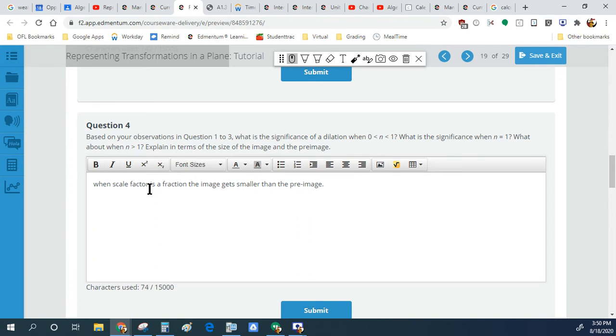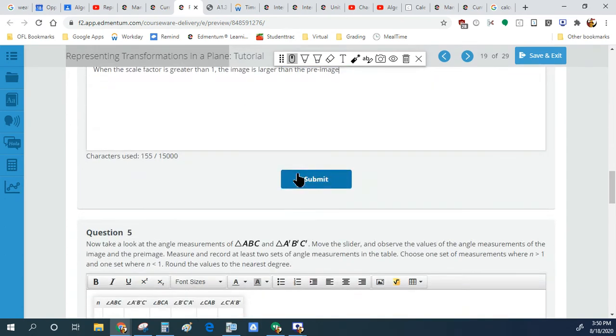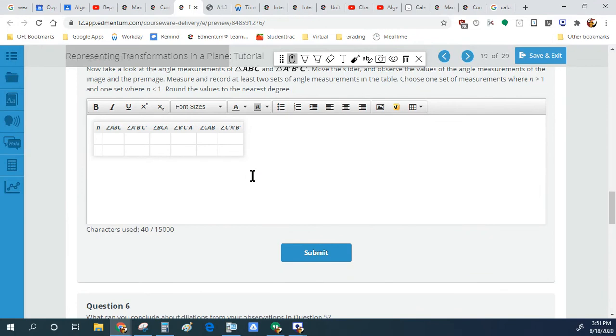The first thing. Our next one's going to be when the scale factor is greater than 1, the image is larger than the pre-image. So basically, if we're at a fraction, it's going to get smaller. If our scale factor is bigger than 1, it's going to get bigger. That's all we're saying. Now we're going to talk about the angles.